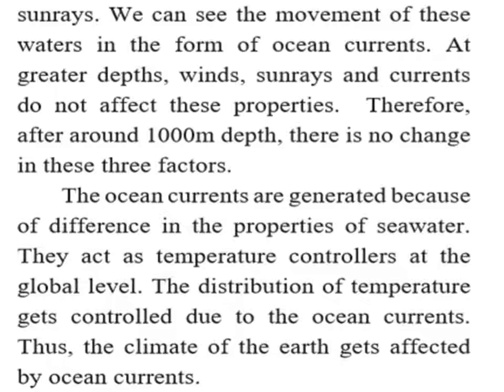We can see the movements of this water in the form of ocean currents. At greater depths, wind, sun rays and currents do not affect these properties. Therefore, around 1000 meter depth, there is no change in these three factors.